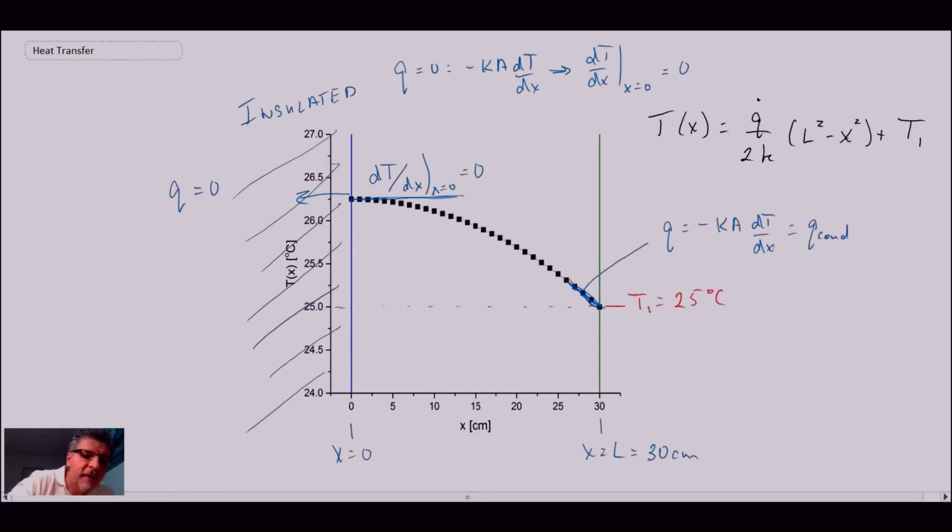If I put an energy balance there, using an infinitesimal surface and doing the surface flux balance, that conduction has to equal q convection, which we haven't done anything with here, assuming there's no radiation. At 25 degrees C, there wouldn't be any radiation there.